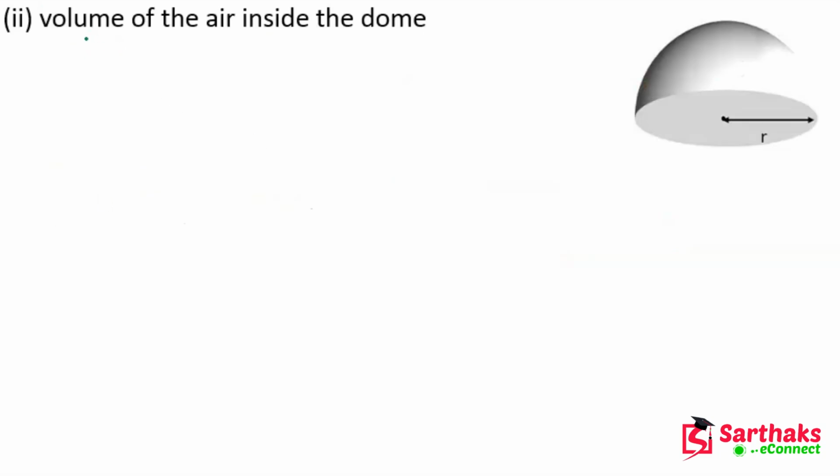Now here is volume of air inside the dome. Okay, now we have to find the volume in this case. So how we can find it? For finding the volume, first of all we have to find the radius. Let the radius of dome be r meter.